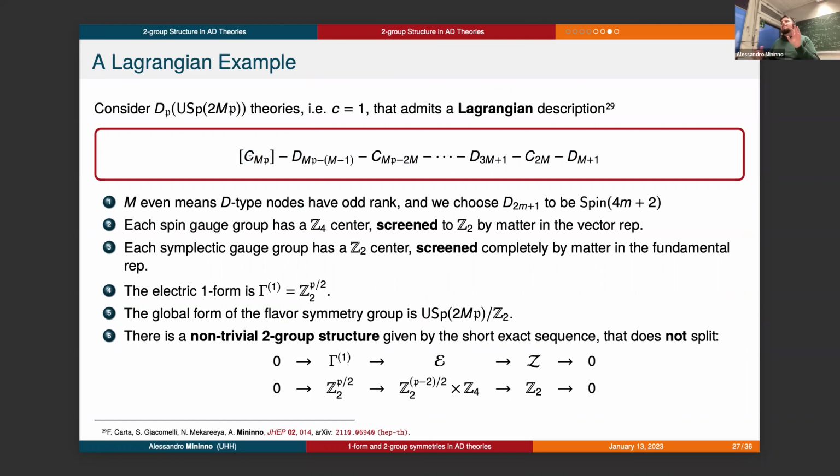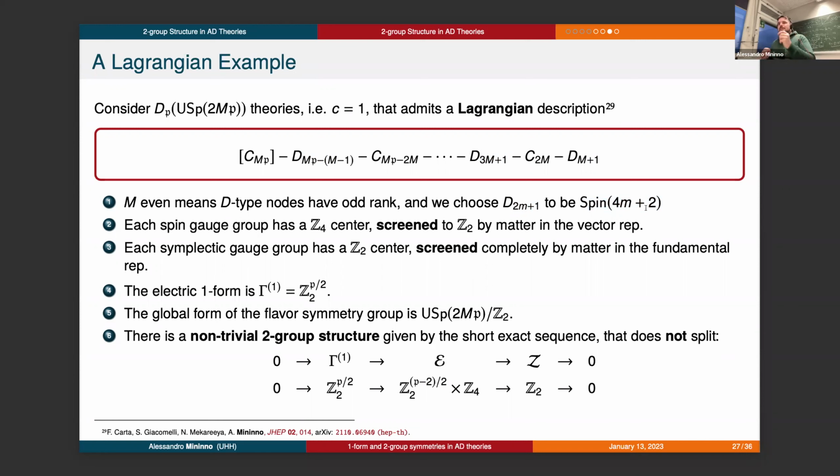Since M is even, the D type, as you see here, as we are trying to make the notation as clear as possible, has always odd rank. And so we choose the polarization so that the SO groups can have a global form to be a spin.